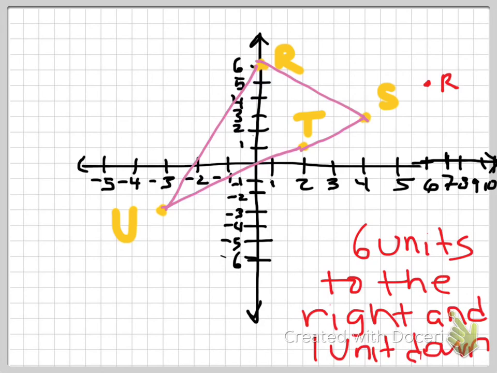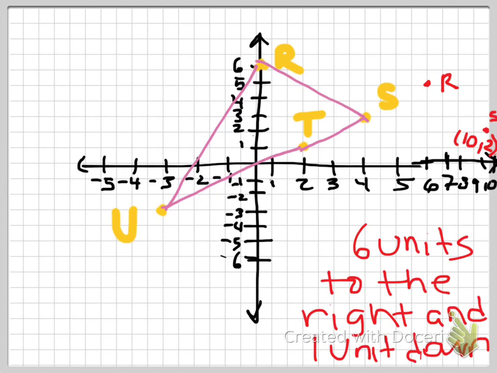So you're going to go all the way over to 10 on the x-axis for letter S, and then 1 down would make it at 2 on the y-axis. So it's going to be right here, and that's supposed to be 10, 2.